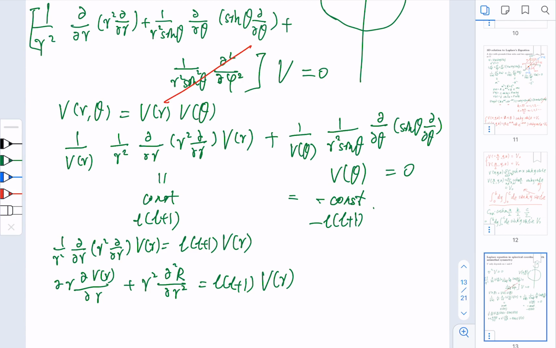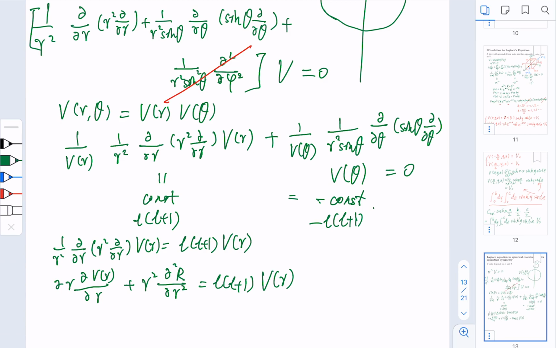So the first term of the Laplacian has 1 over r squared, and I think I dropped the, sorry, I think I've been a little sloppy.